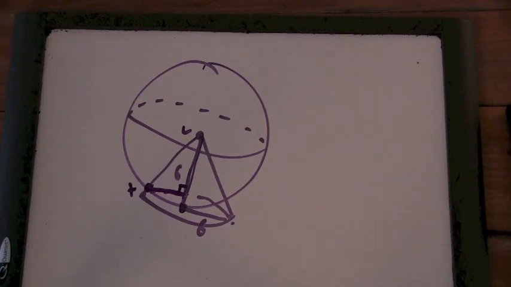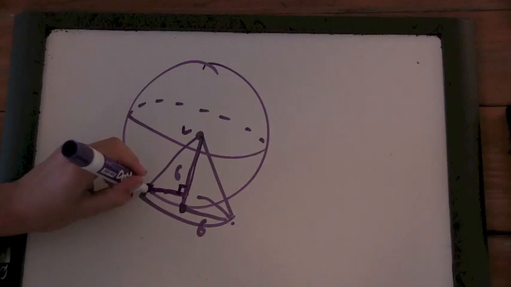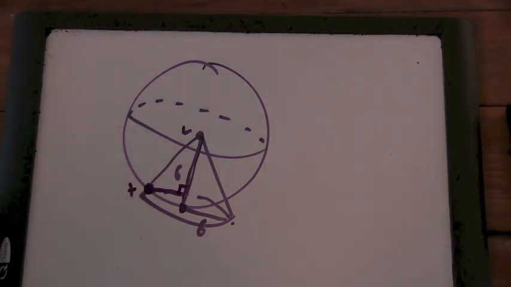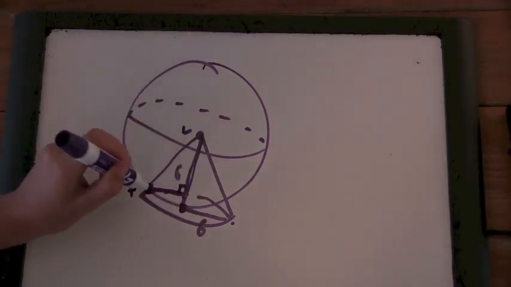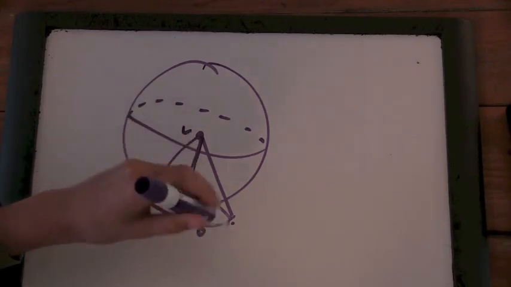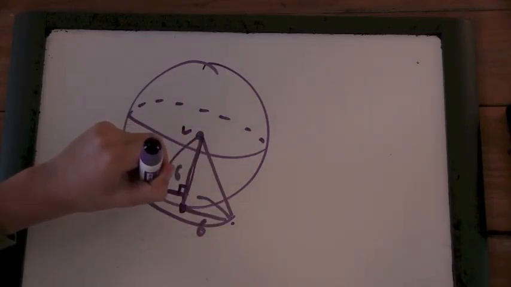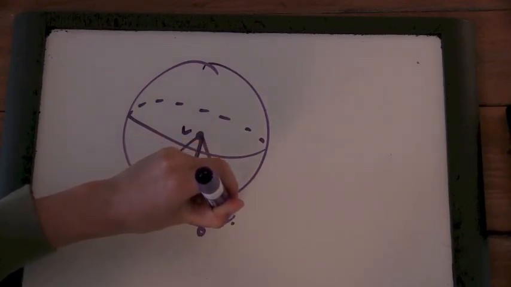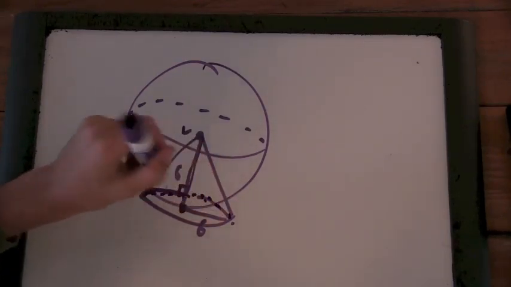Well, I don't think we know much about random points on the outsides of cones. But what do we know about X? Well, I know it's on the cone and on the sphere. This is the outside of the cone. Oops, I forgot to draw the back of the cone in.